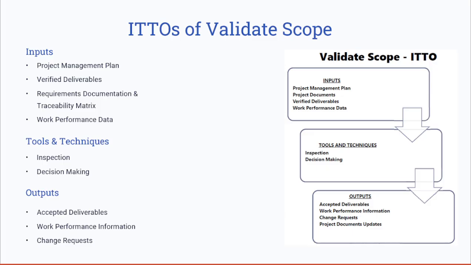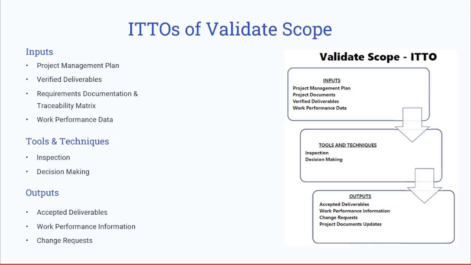We also have verified deliverables, which you can think of as quality checked outputs that are ready for stakeholder review. Also, the requirements documentation and traceability matrix ensure that all of the scope elements are validated and aligned with the stakeholder requests.